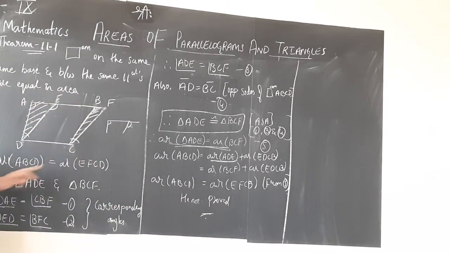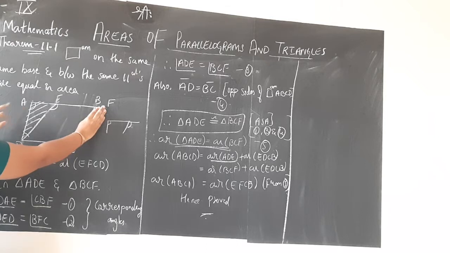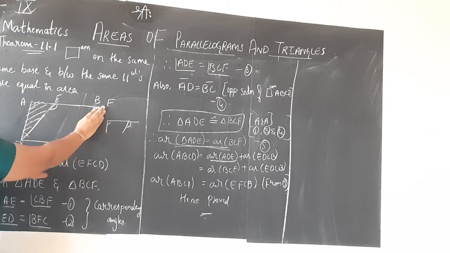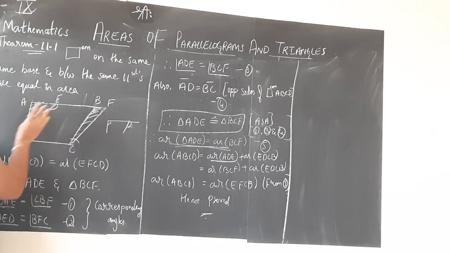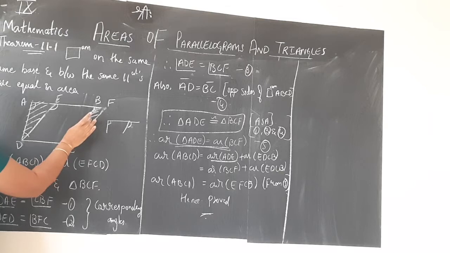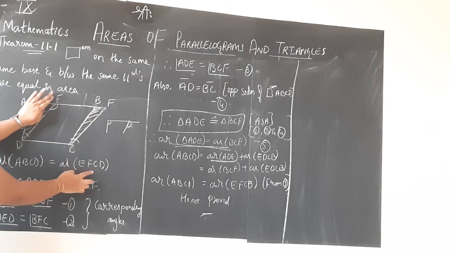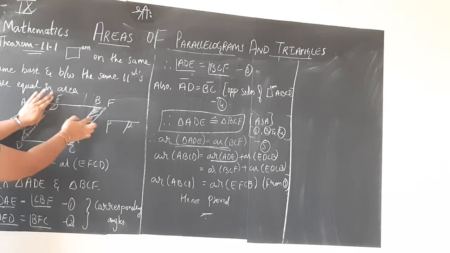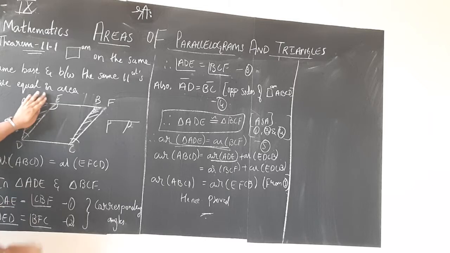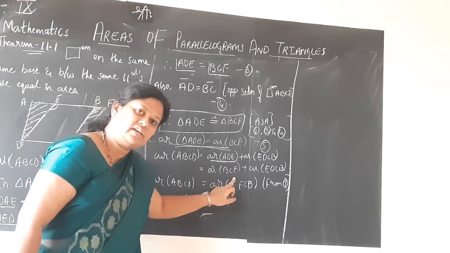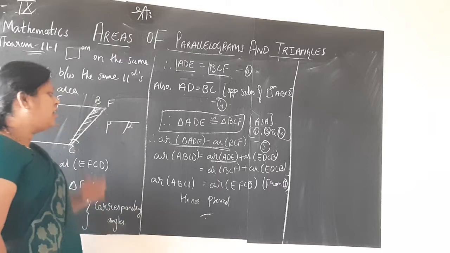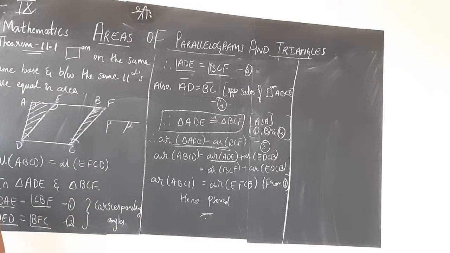In parallelogram ABCD, first cover this part: it is equal to area of this triangle plus BECD, as we proved. This plus this is the whole parallelogram ABCD. But this triangle's area is equal to this triangle's area. We will cover this: this plus this is the second parallelogram EFCD. Since these two triangles are equal, you can replace triangle ADE by triangle BCF. That is what we have done, and hence proved area of ABCD is equal to area of parallelogram EFCD.